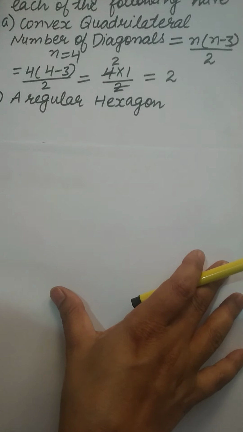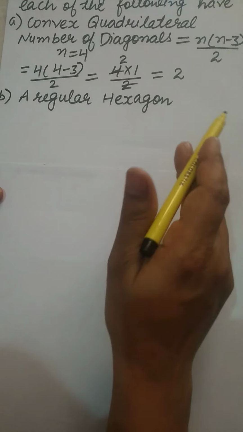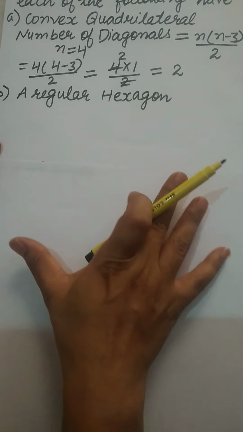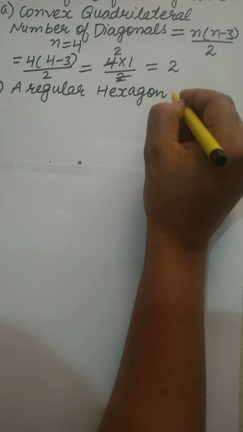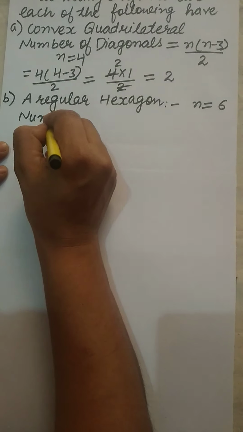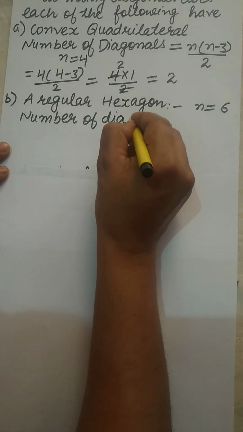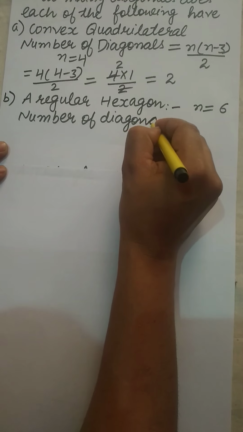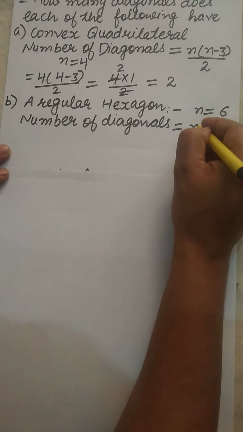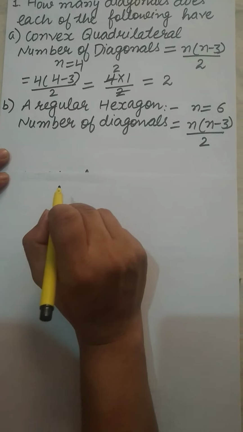Next is for a regular hexagon. For a regular hexagon there are 6 sides, so n is equal to 6. Number of diagonals is equal to n into n minus 3 divided by 2.